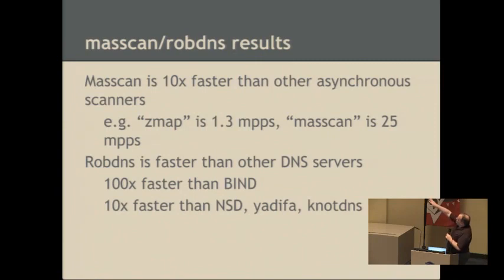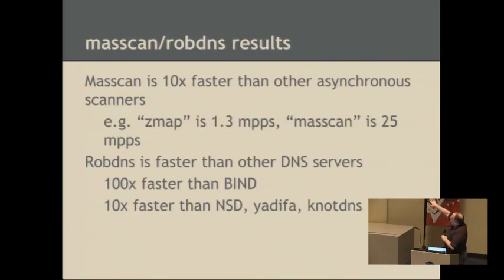But their scanner is only 1.3 million packets per second, because they're going through the Linux kernel. So it was time for me to check in my changes to Masscan, which is 25 million packets per second. And it's 25 million because I'm avoiding the kernel. Otherwise, the scanners are fairly similar. They're using mutexes and stuff, which is bad. But otherwise, we're both asynchronous scanners that spew out packets.